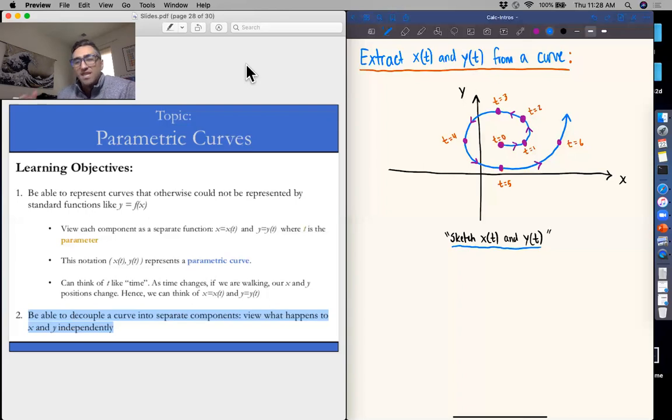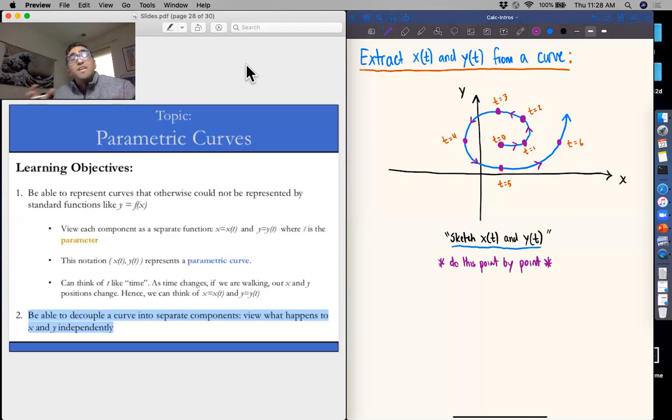So the way I want to think about doing this is point by point. We're going to think about this in an iterative sense in which we think about the first point, how we get to the next point, how we get to the point after that, and so on and so forth.